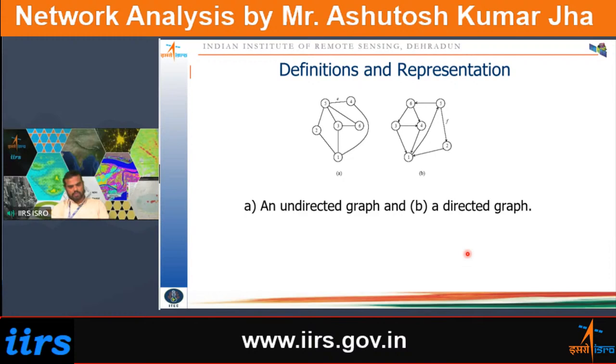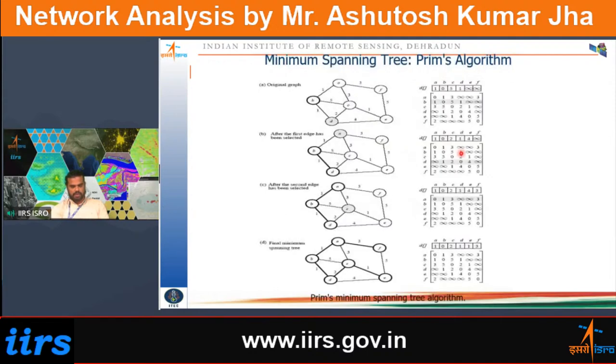This is an example of undirected and directed graphs, where each edge can be traversed in any order, so you can reach from 5 to 4 or 4 to 5, whereas in a directed graph there is limited movement, only in a single direction. Once you have these graphs, you can create different algorithms to find certain metrics. This is just an example of Prim's algorithm, which is nothing but finding the minimum distances from one point to another point.